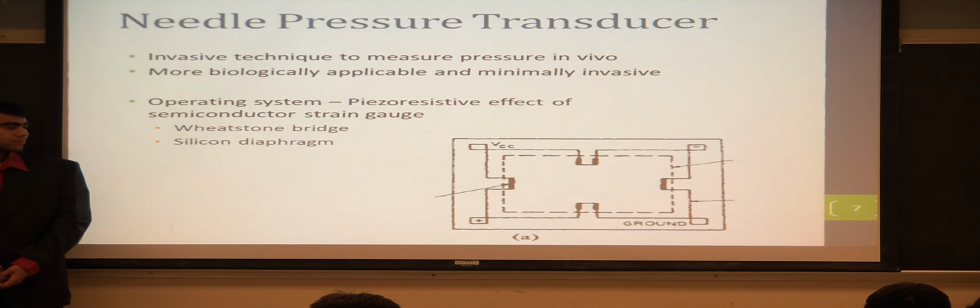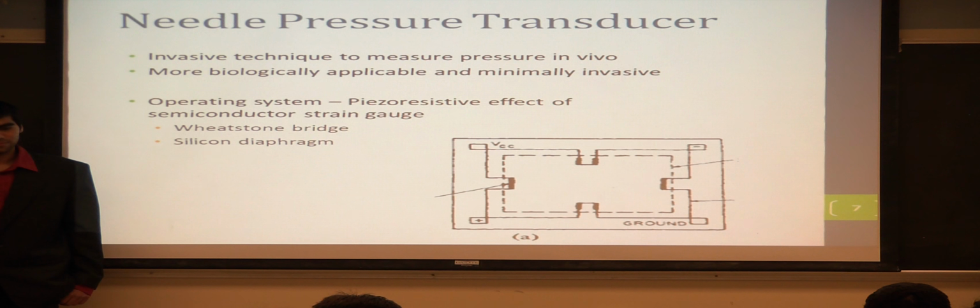So when the pressure is applied to the silicone diaphragm, it's going to go through some deformation, and since it's connected to the piezoresistors, which act as strain gauges, the piezoresistors are also going to go through a deformation, which means it's going to change its resistivity. So the overall voltage output of the Wheatstone bridge is going to change.